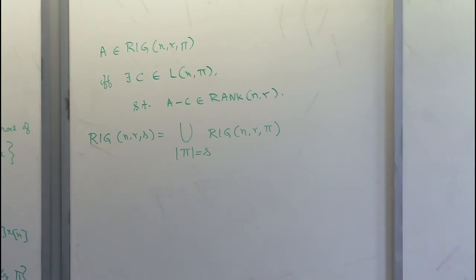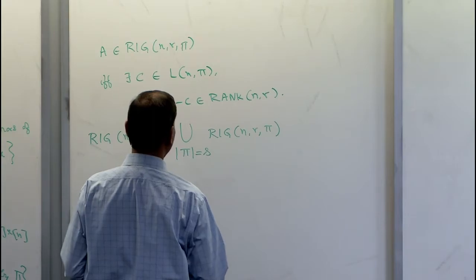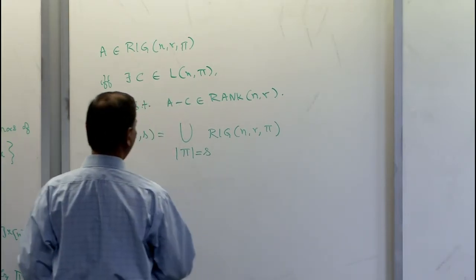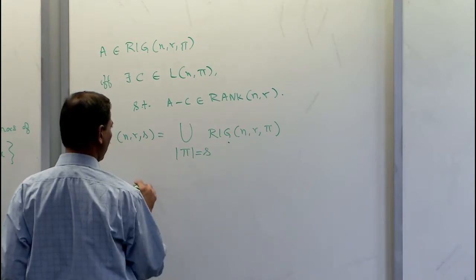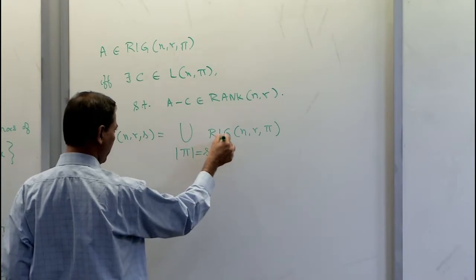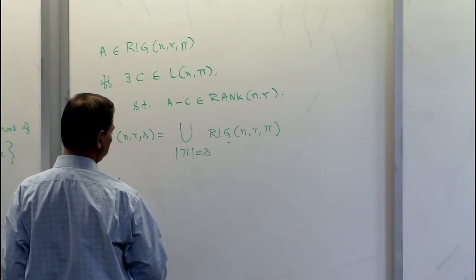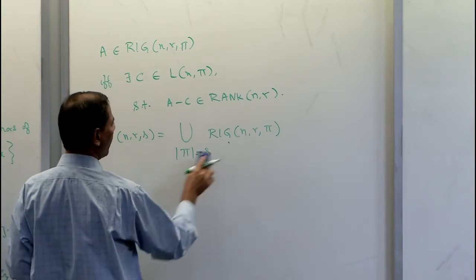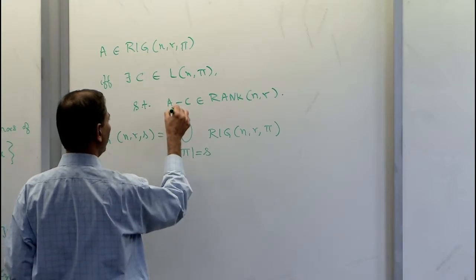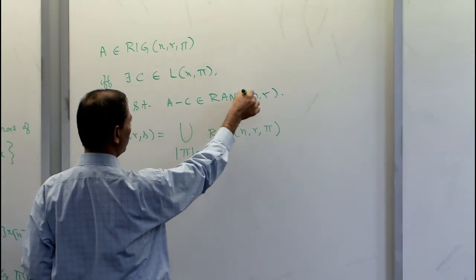Okay. So now this is easy to understand. You took a matrix here, and when you subtract a matrix from here, you got to rank r.